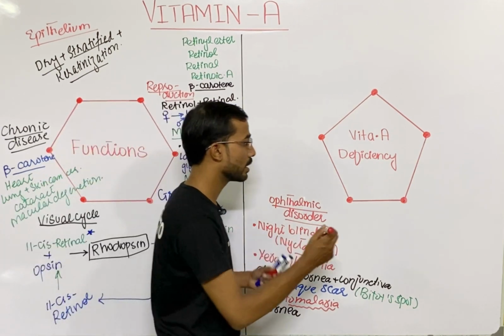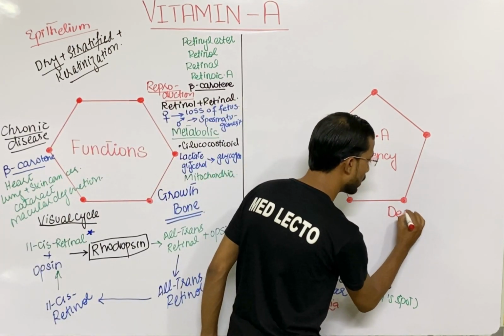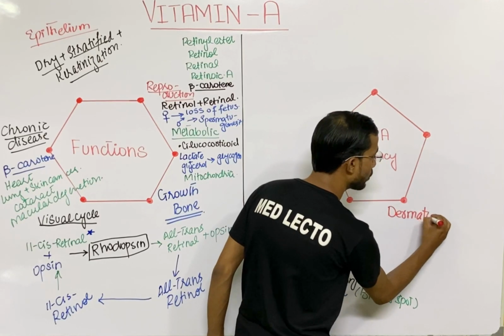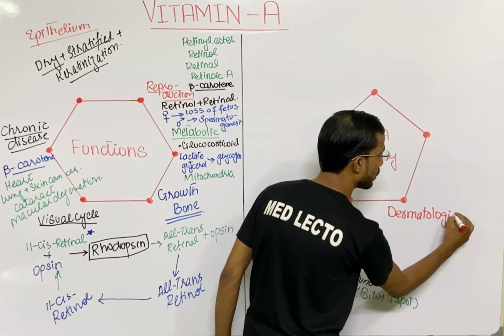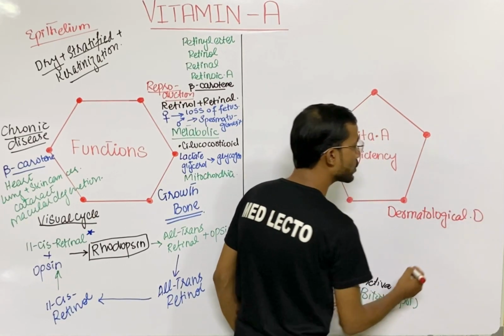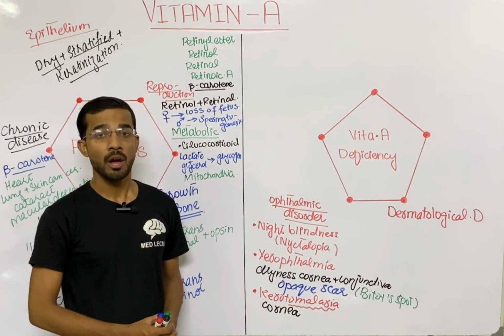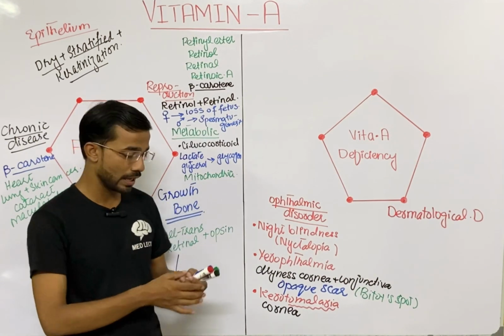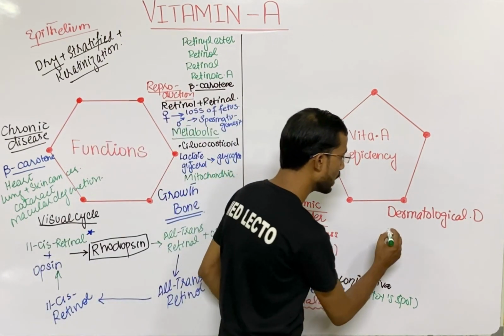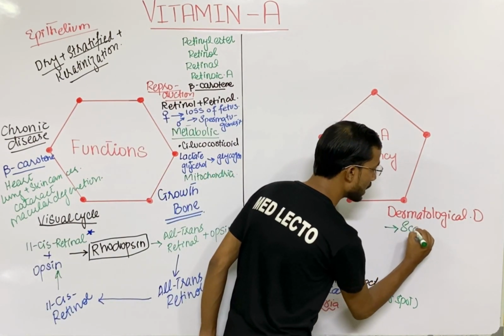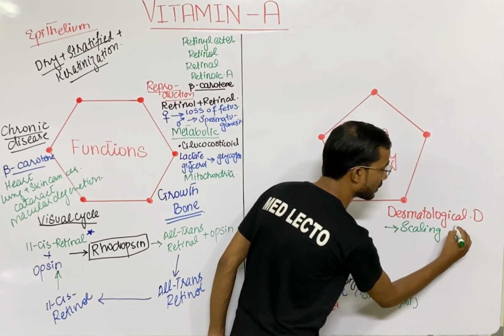Next is the dermatological disorder. Vitamin A is very important in the maintenance of the epithelium. When there is a deficiency of vitamin A, the most important condition you see is scaling of the skin.